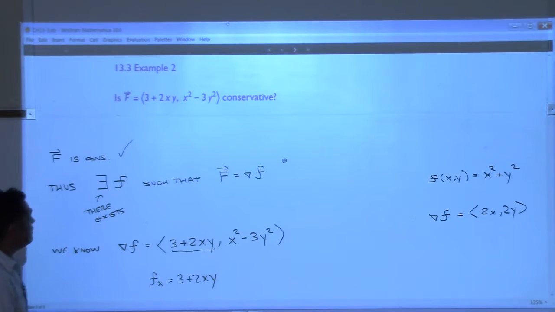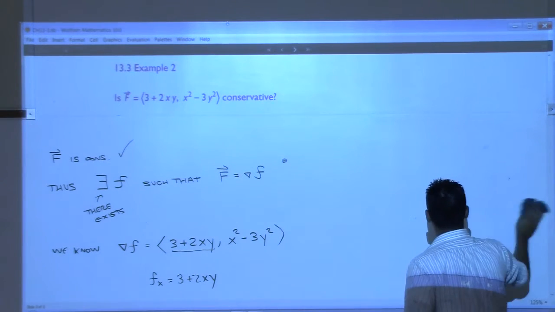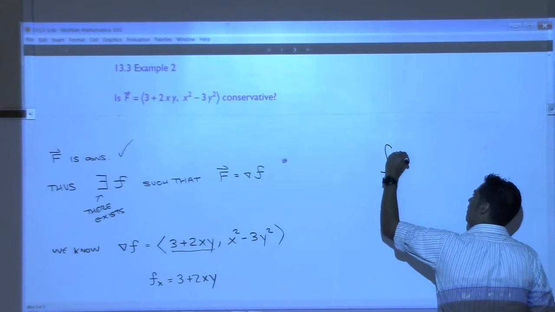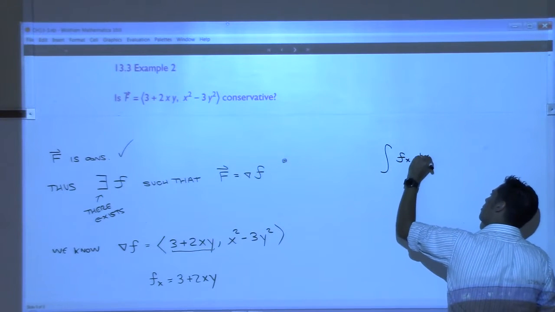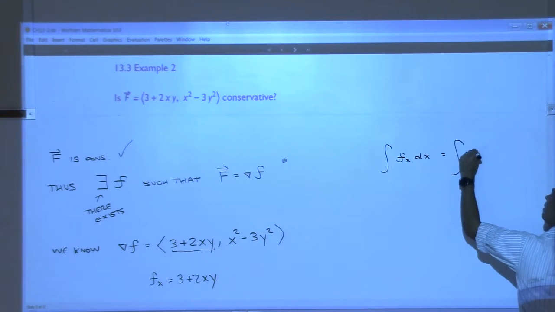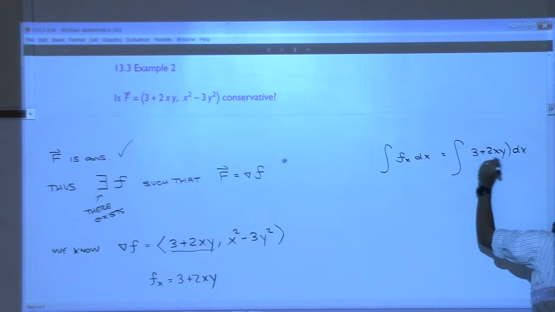And remember, we're trying to find little f. So now here comes the partial integration. I'm going to take that equation and integrate the left side with respect to x, and integrate the right side with respect to x.